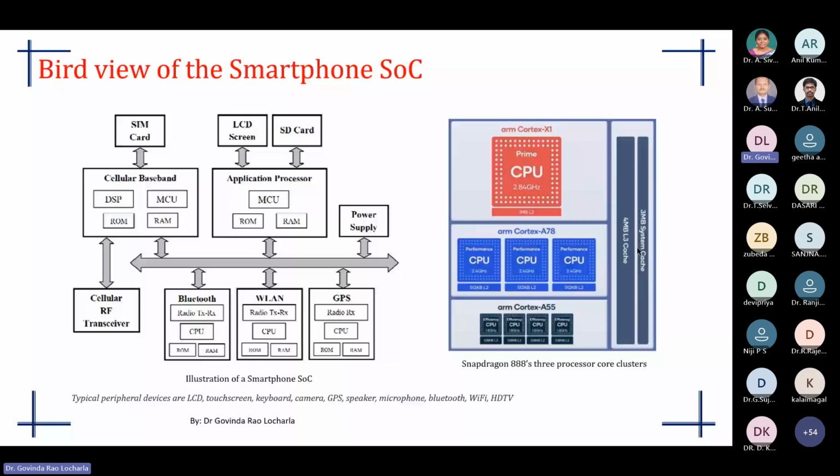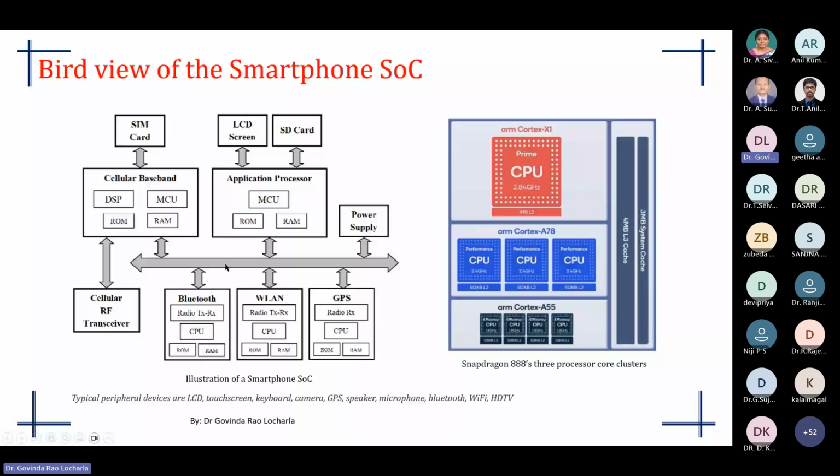For example, this is the application processor, which handles the user apps, and the cellular baseband block handles transceiving data, video and audio, working in coordination with these peripherals: Bluetooth, wireless LAN, GPS, etc. We can understand that many RISC processors and subsystems are integrated together.